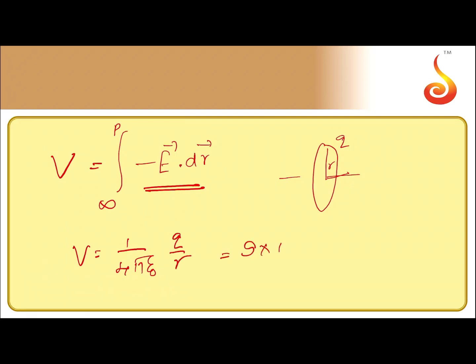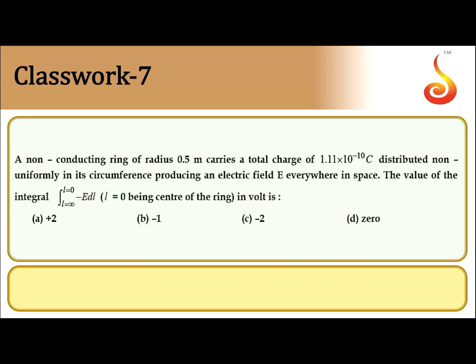So it is 9 into 10 to the power of 9 into 1.11 into 10 to the power of minus 10 whole divided by r, 0.5 meter, and this becomes how much? You can simplify it further to get the answer as 2 volts. So A is our correct choice.